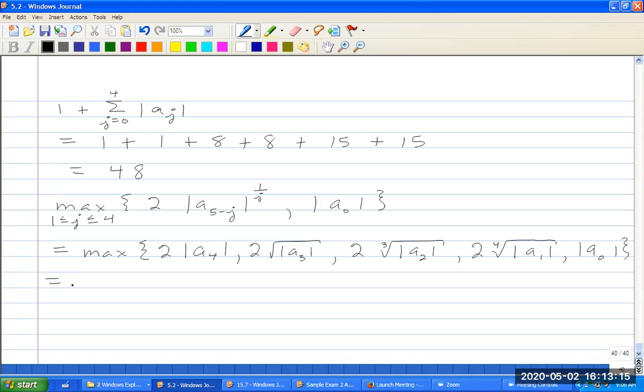So this is equal to the maximum of 2. And so a sub 4 is 1, a sub 3 is 8.